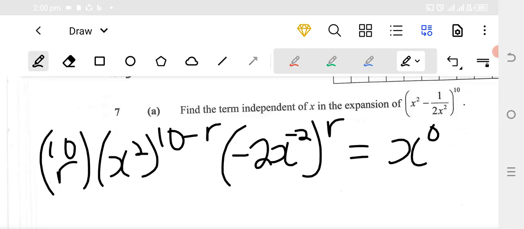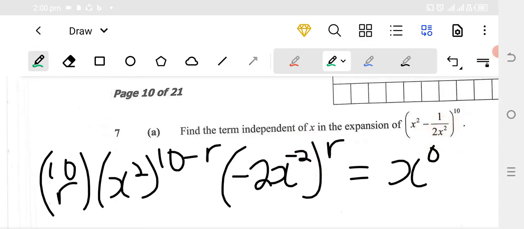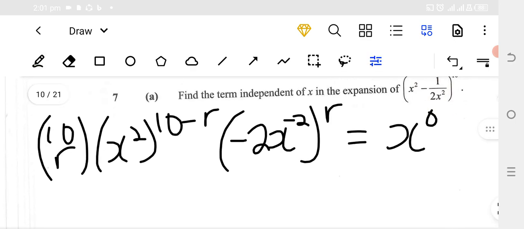If you are concentrating, you have seen that here there is a 2x squared and it's under the fraction. What I did is that I took it up, and when I took it up, the exponent became negative.